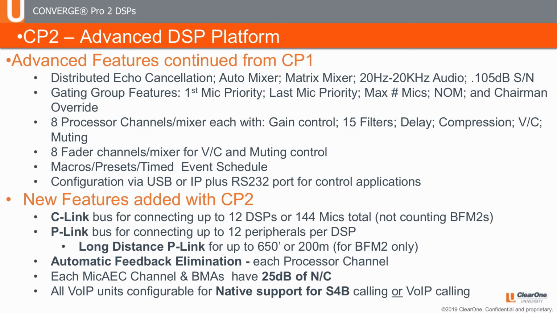Such things as distributed echo cancellation, gating group features like first mic priority and last mic priority, processors, faders, macros, presets, and timed events, to name a few. However, we didn't stop there. We have added 2 new bus structures, C-Link and P-Link, long-distance connectivity, automatic feedback elimination, enhanced noise cancellation of 25 dB, and native support for Skype for Business.